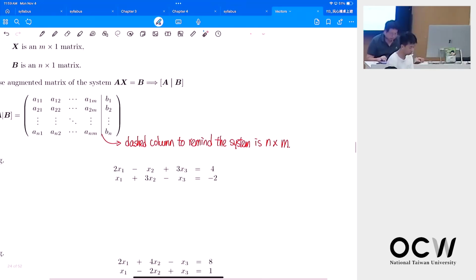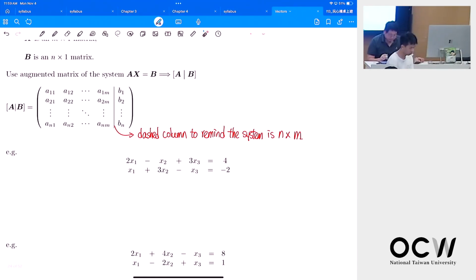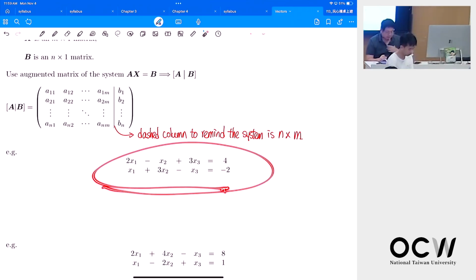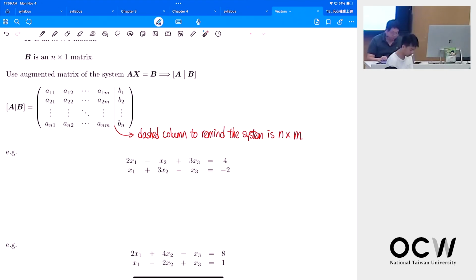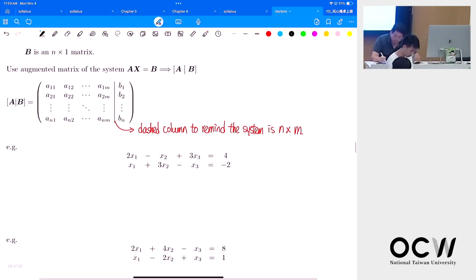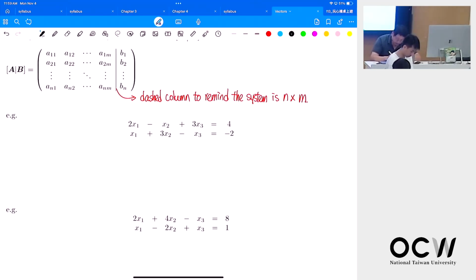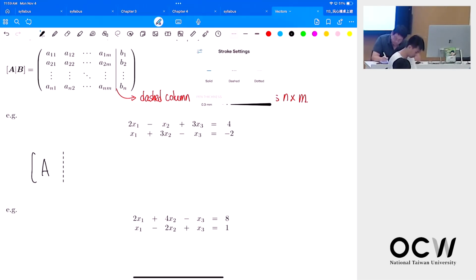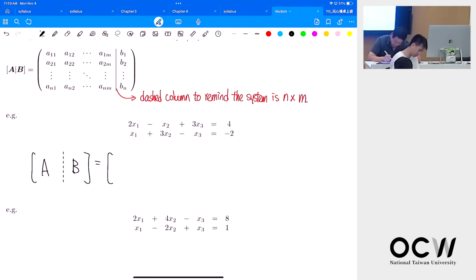For example, for this non-homogeneous system, just write down the augmented matrix. So for the augmented matrix, A, and then we have the dash, B. For A: 2, 1, minus 1, 3, 3, minus 1, and then separate that.